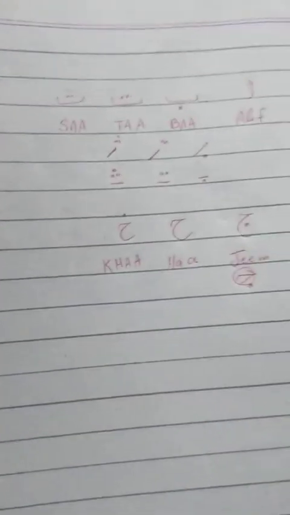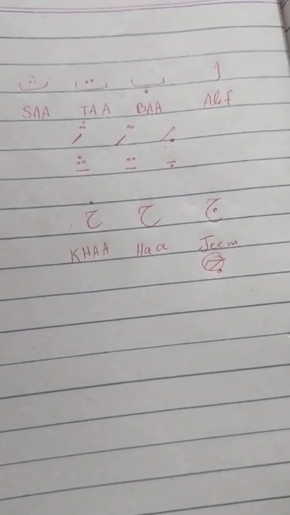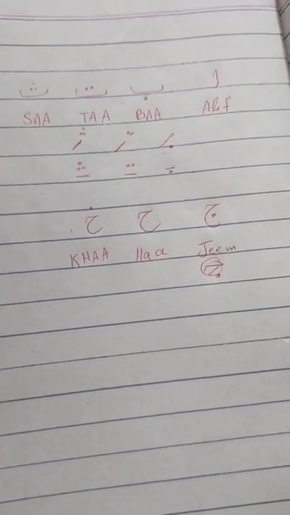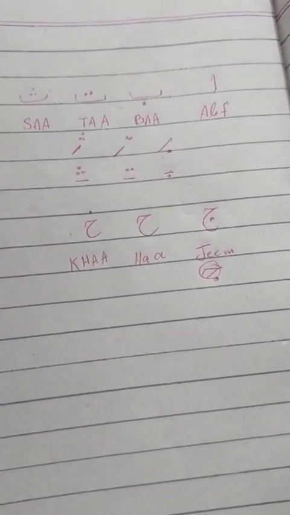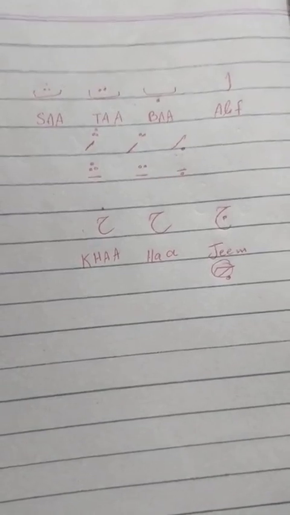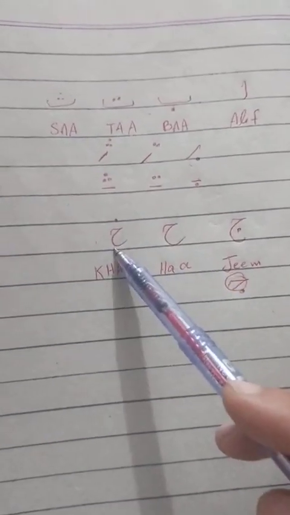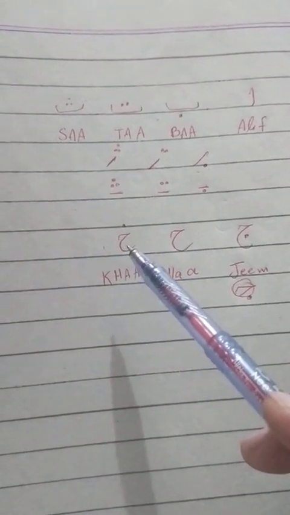So Jeem comes out from the middle of the tongue and middle of the palate, and the Ha comes out from the center part of the throat, and Kha comes out from the top part of the throat.